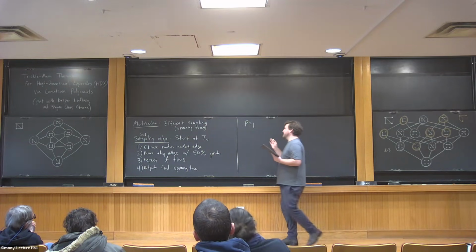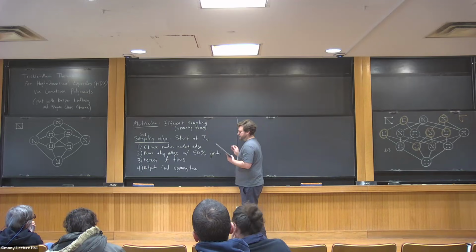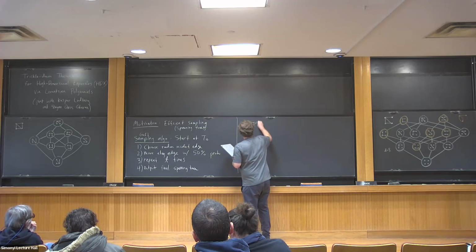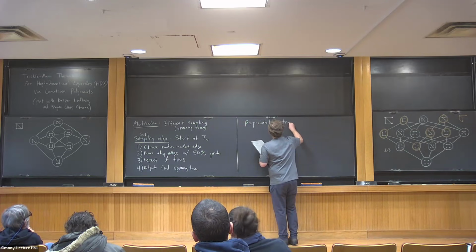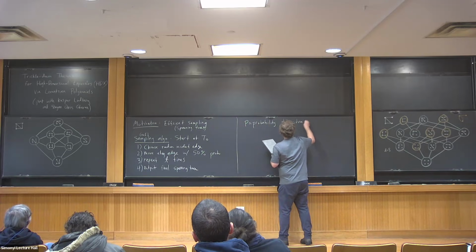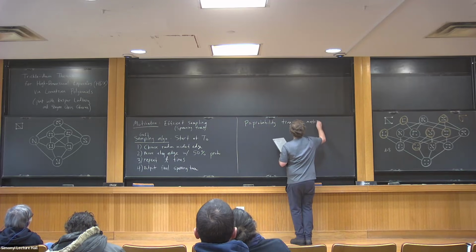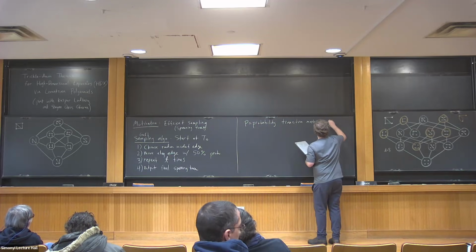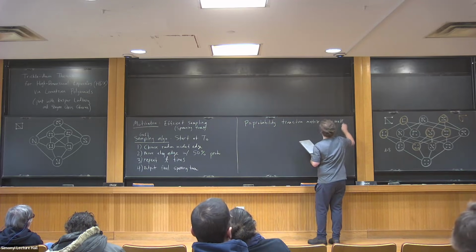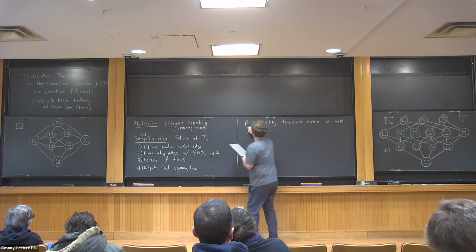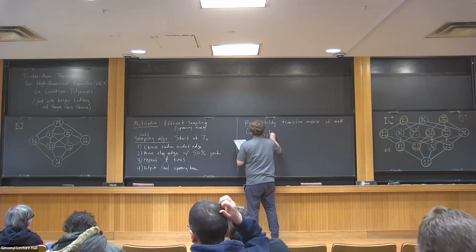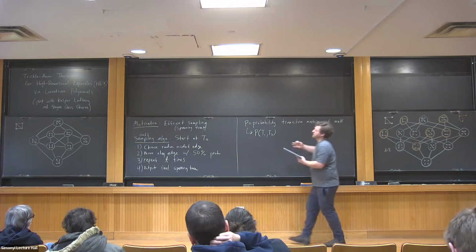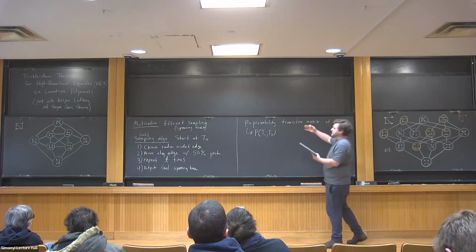Okay, so how are we going to bound this T? Well, the way it's done is you look at a certain matrix, the probability transition matrix of the walk that I just described. It's a random process. This matrix will have rows and columns indexed by the spanning trees.